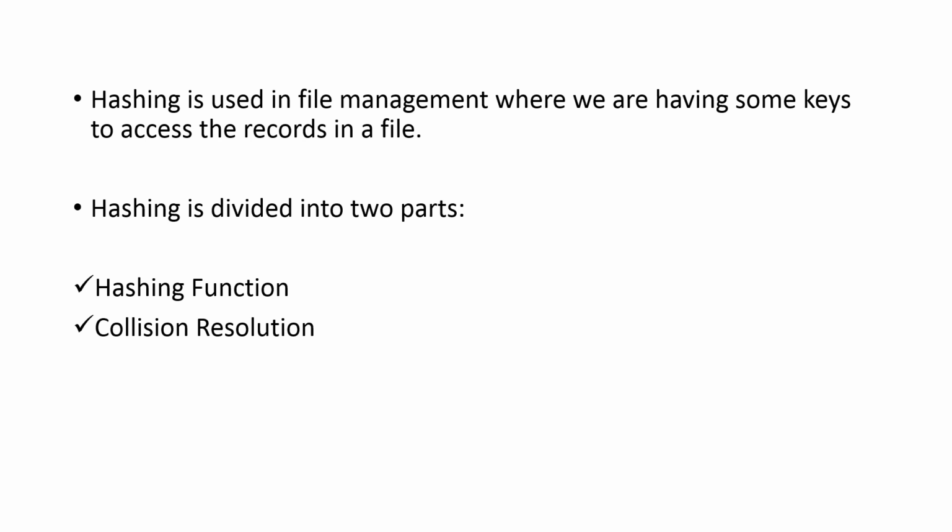So hashing is used in file management. Whenever we are using hashing, we are physically saving the space also. Hashing is divided into two parts: hashing function and collision resolution.